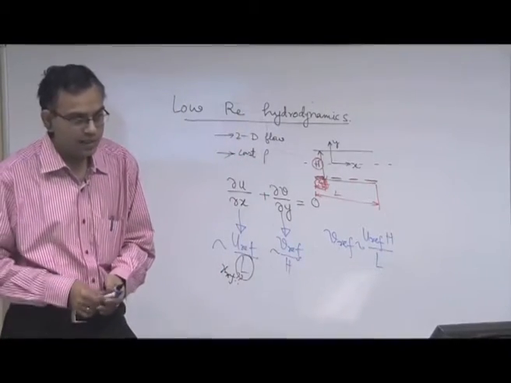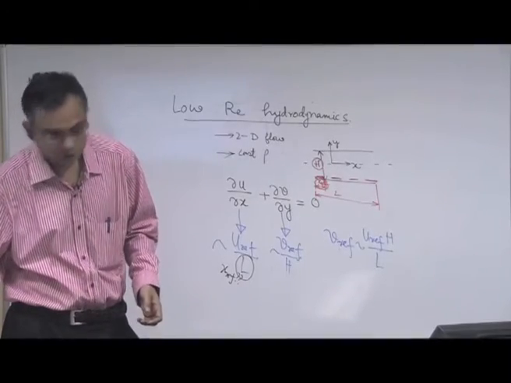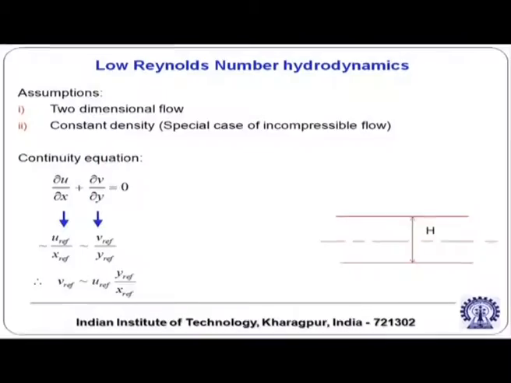Let us summarize what we have learnt through the basics of low Reynolds number hydrodynamics. We have just touched upon the continuity equation. We made the assumptions that it is a 2-dimensional flow and constant density flow. We have done an order of magnitude analysis of the continuity equation, and from that we have related the reference velocity scale along y with the reference velocity scale along x in terms of the reference length scales along x and y.